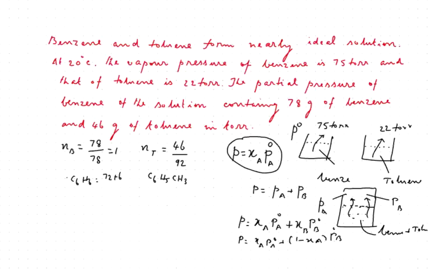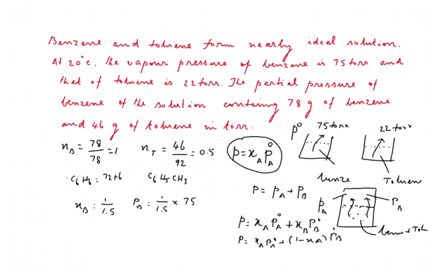So mole fraction of benzene is 1 by 1.5. The total number of moles of benzene and toluene is 1.5 and the number of moles of benzene is 1. So what is asked is, what is the vapor pressure of benzene and toluene? For benzene, PB is equal to 1 by 1.5 into PB0, the benzene in its pure form, which is 75.